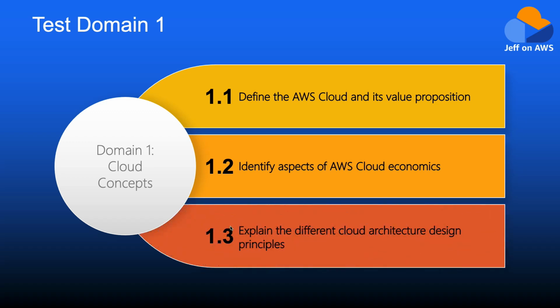And then lastly, you're going to explain the different cloud architecture design principles. You're going to talk about how you design for failure and anticipate failure when you design for the cloud. You don't wait for a failure and then say, well, there's something we can improve upon. You want to expect failure and design that in from the beginning. I also want to talk about how you decouple components.